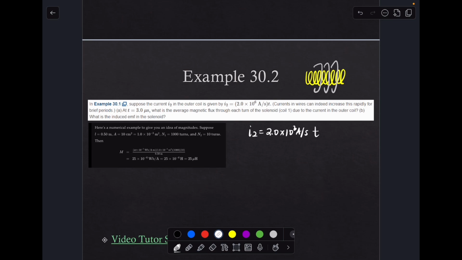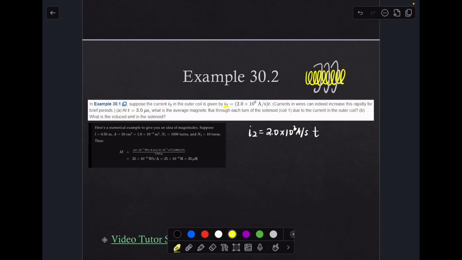So that's the time varying current. And you may have noticed that we have switched over to lowercase. Anytime we use a lowercase variable, that's going to be a time-dependent variable. Okay, so anytime you see lowercase, think a time-dependent variable. So that's the current through coil 2.